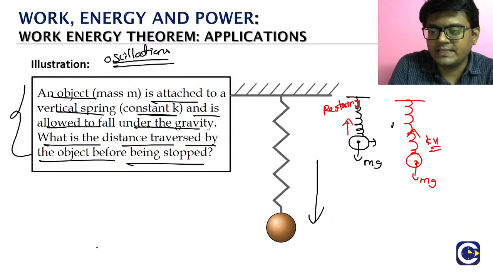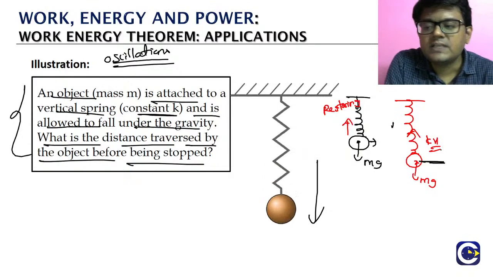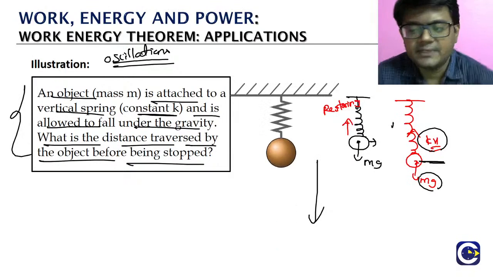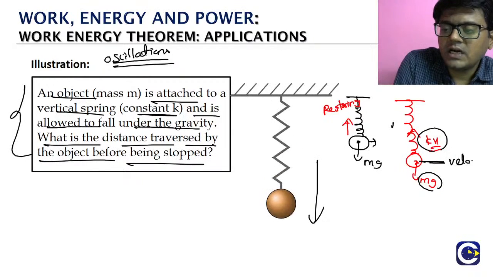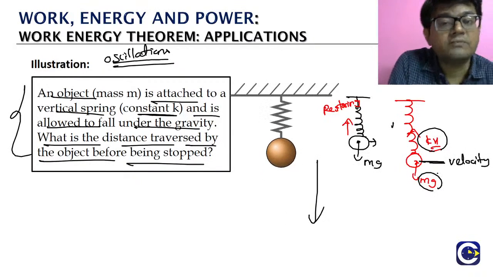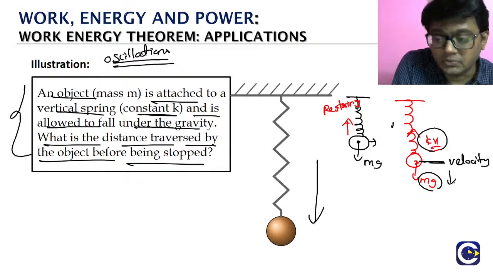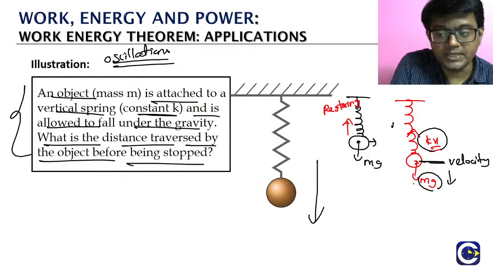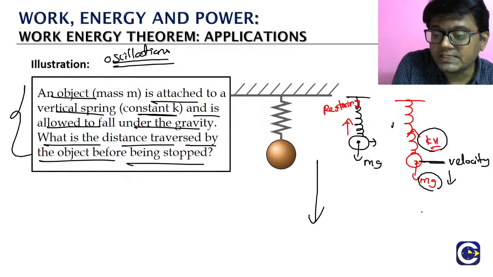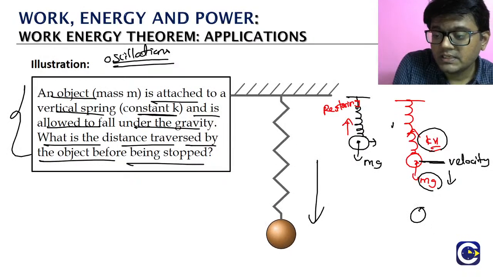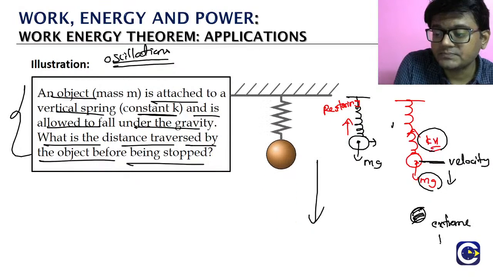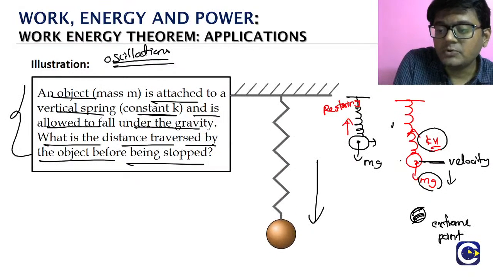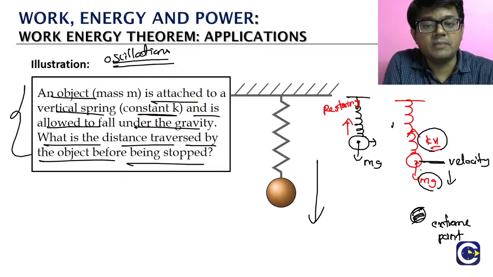So at this point, where the spring force is balancing the weight, the object will have some velocity, so it will keep going down till it reaches what we call an extreme point. When it is going down from here, what happens?